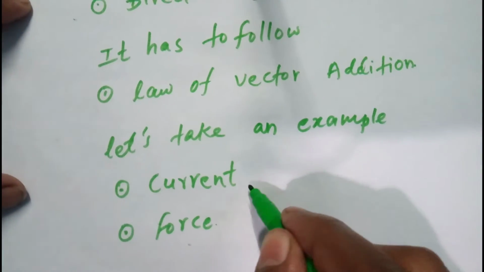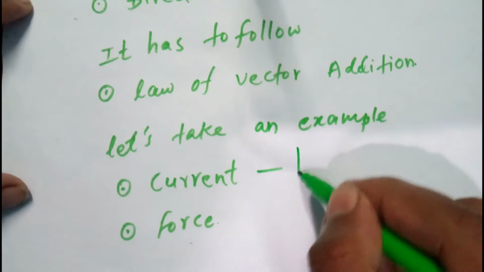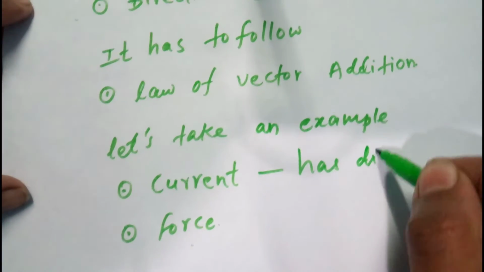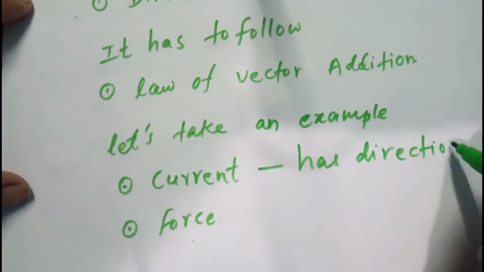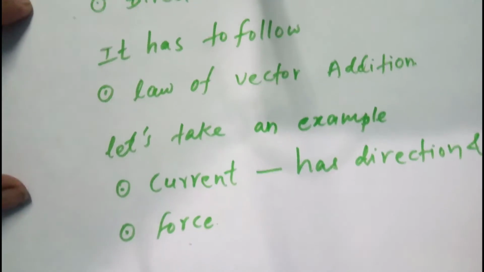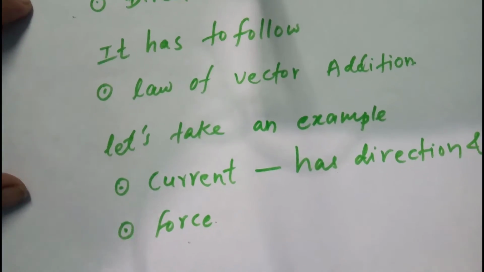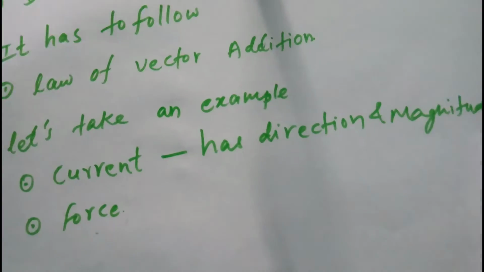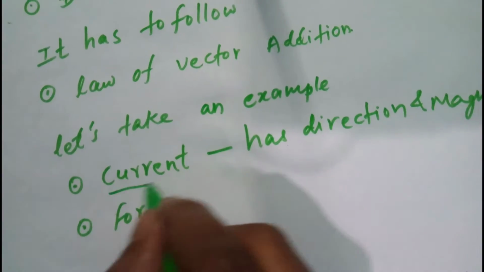So current has direction and magnitude, but it is still a scalar quantity.